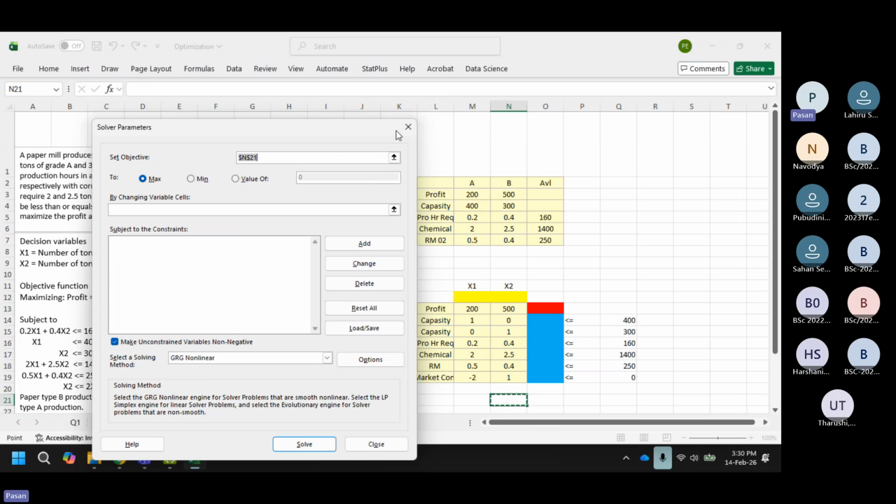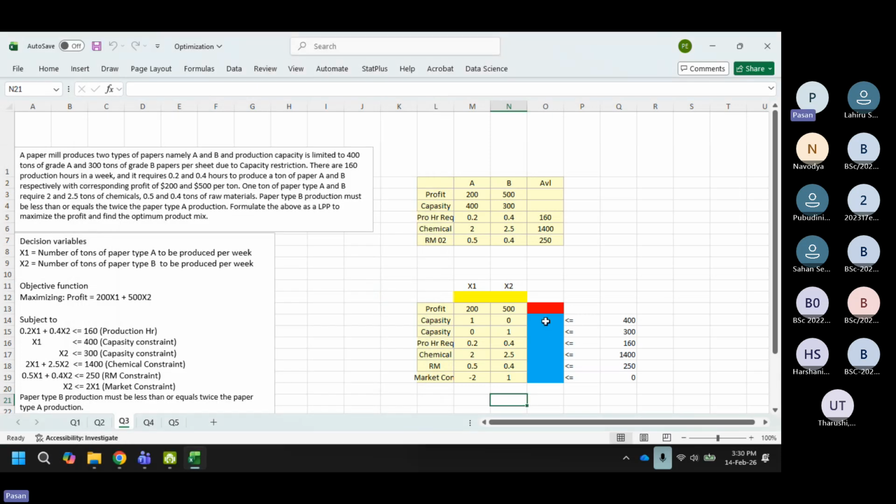Okay, before going to that, actually, I need to set up the sum products here, right? So these are the objective cells here, and then I can have the sum product here.